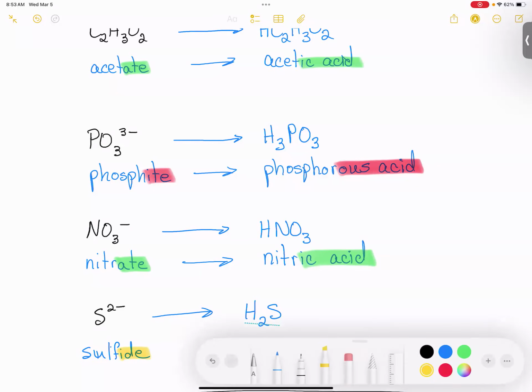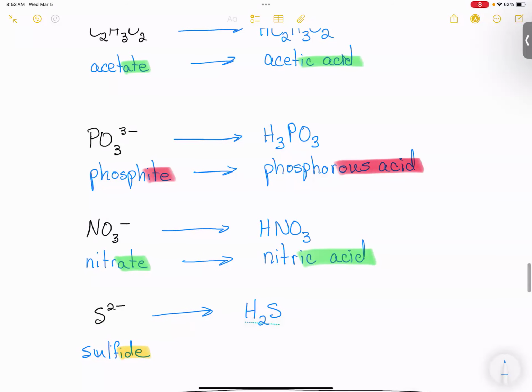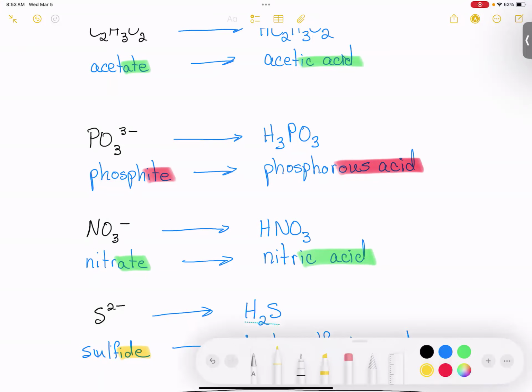Therefore, looking back, that means that we're going to have a prefix of hydro followed by the root. In this case, it's sulfur, and the ending ic acid. So this is hydrosulfuric acid.